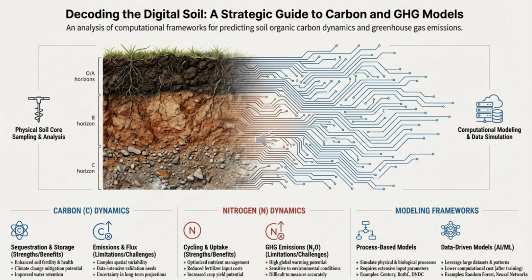Okay, here's where it gets really interesting, especially if you're relying on these model outputs for policy or, say, carbon credit valuation: the N2O prediction problem. Why is that tiny molecule, nitrous oxide, which is nearly 300 times more powerful than CO2 over a century, such a major pain point? Because N2O is a byproduct of these complex microbial processes, nitrification and denitrification, and they are incredibly sensitive to water and temperature swings.